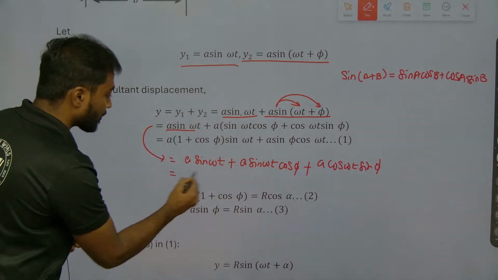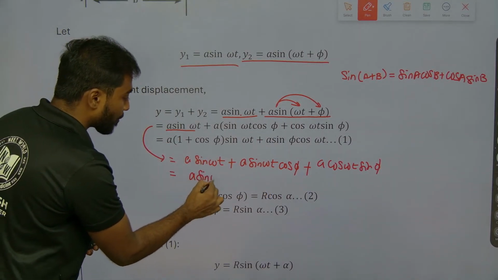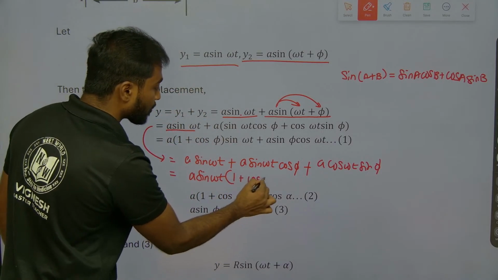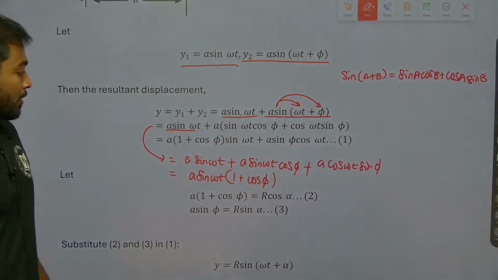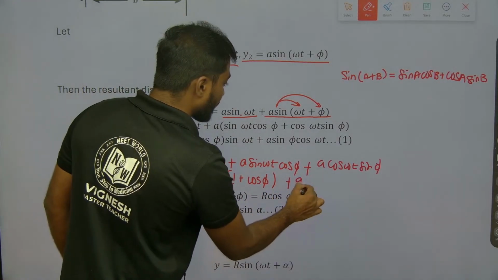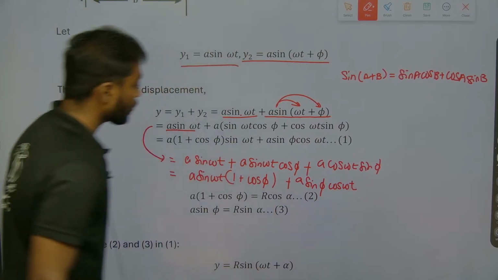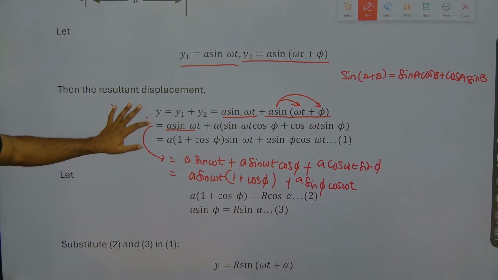So a sin omega t is taken outside, times 1 plus cos phi, plus a sin phi cos omega t. Now we have got the equation.